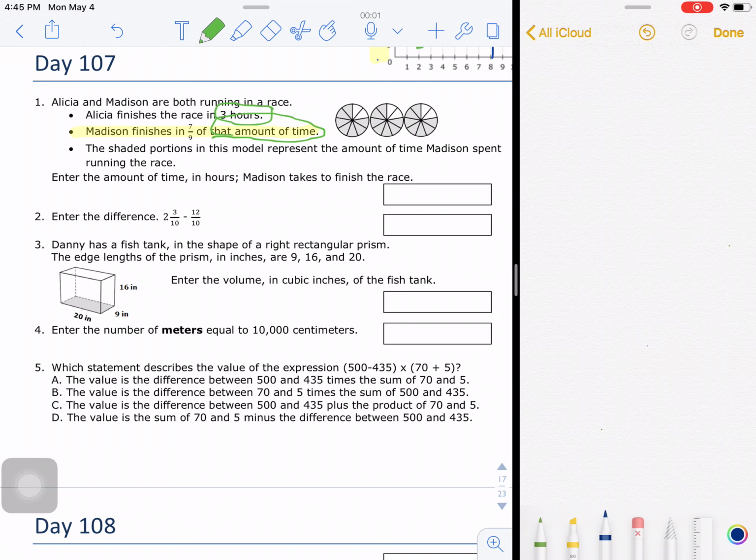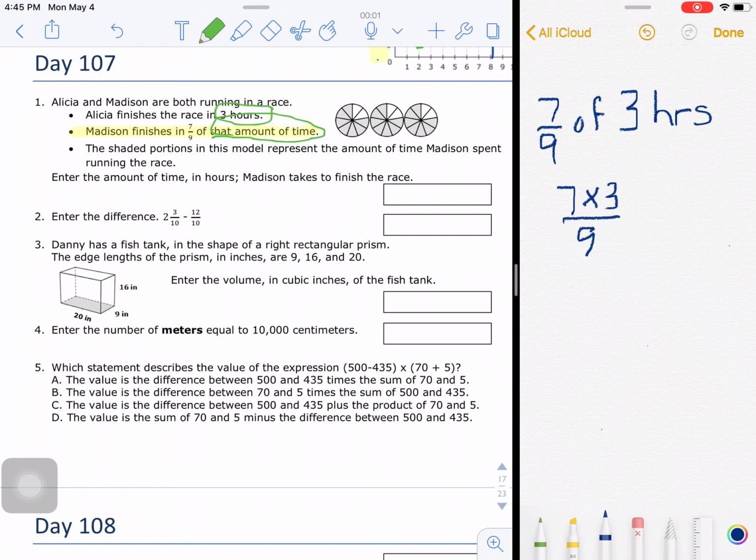So what I'm going to do is set up a multiplication problem. 7/9 of the amount of time that Alicia took, which is 3 hours. If we were to solve that, it would be 7 times 3 over 9.